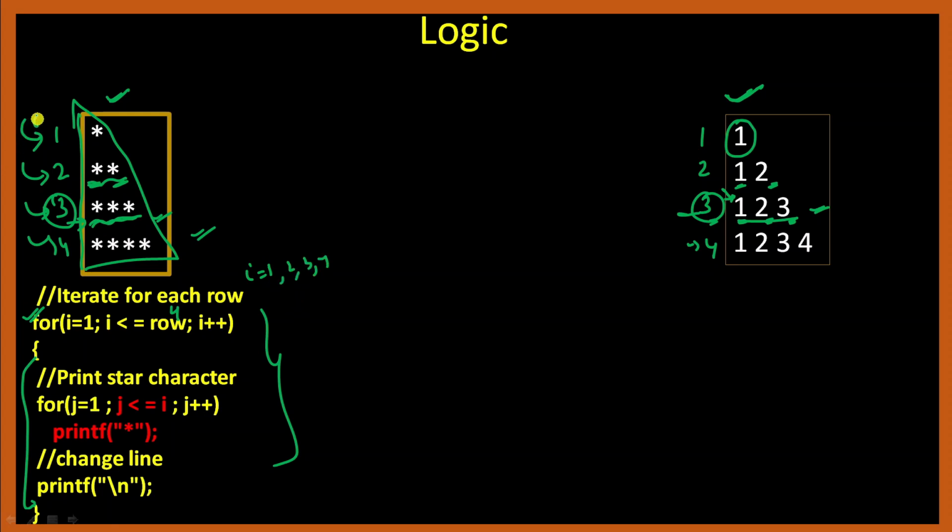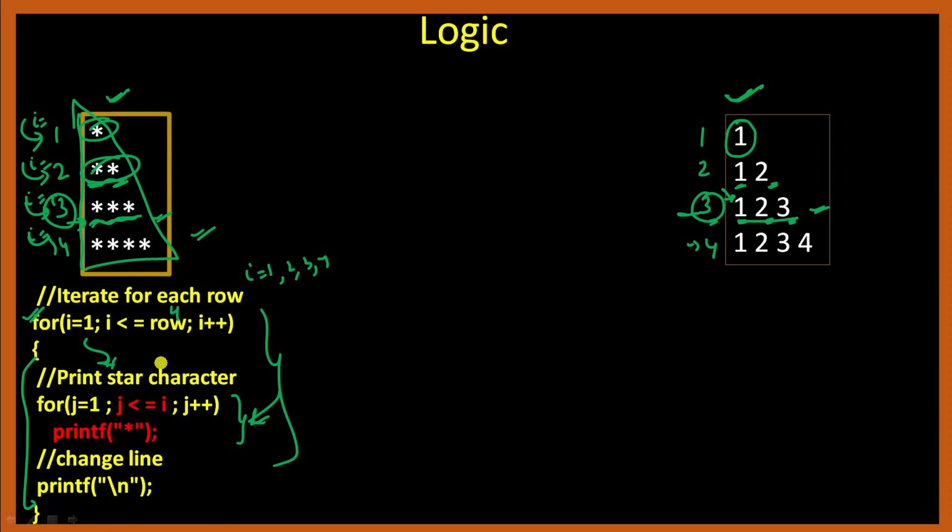So this is I equal to 1, I equal to 2, I equal to 3, and I equal to 4th row. Then in each ith row, some task we have to do. In each row we have to print stars, right? So this inner for loop was helping us to print the stars in each row.